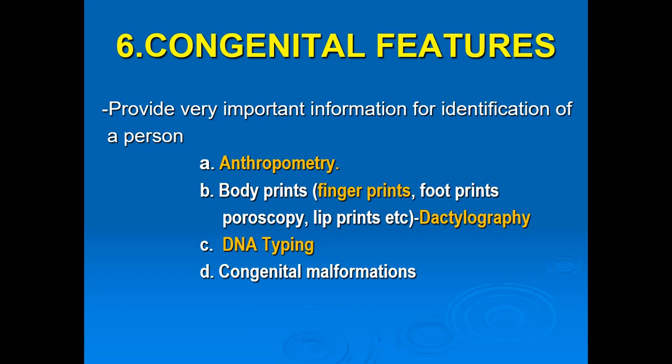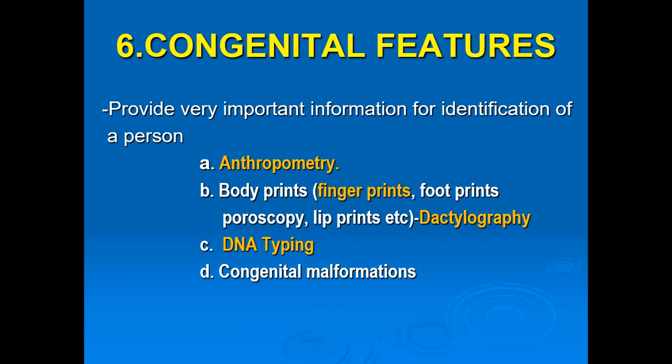These congenital features provide very important information for identification of a person, and the following four are given in the book. Number one, anthropometry. Number two, body prints, most prominent are fingerprints, footprints, lip prints, etc. This study of prints is also called dactylography. That I will take up in the next lecture.